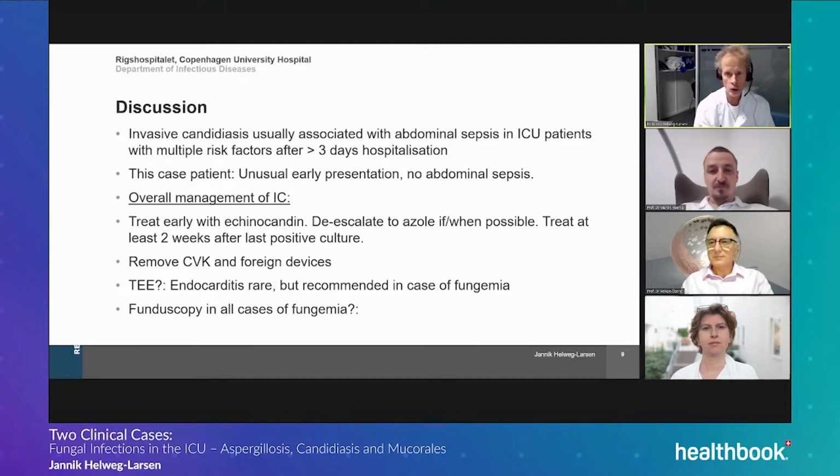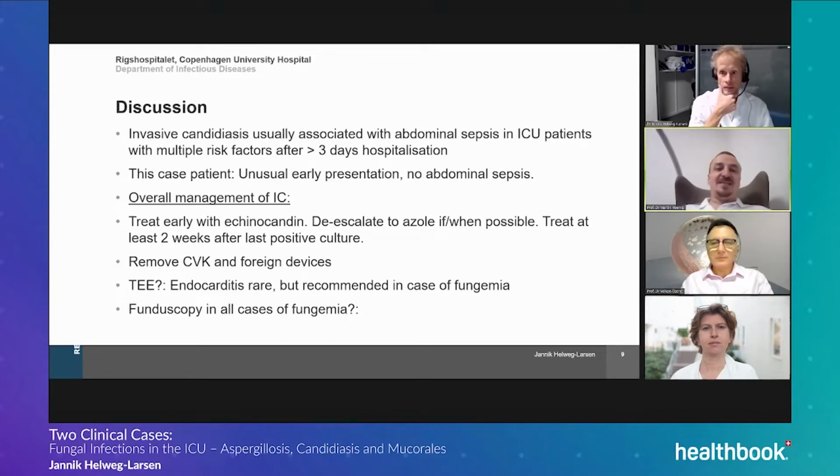The other possibility would obviously be that he had a bacterial endophthalmitis, but our eye surgeon thinks that it's most likely fungal endophthalmitis. So it's quite unusual actually.